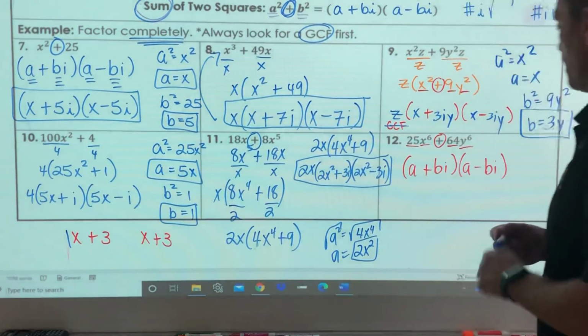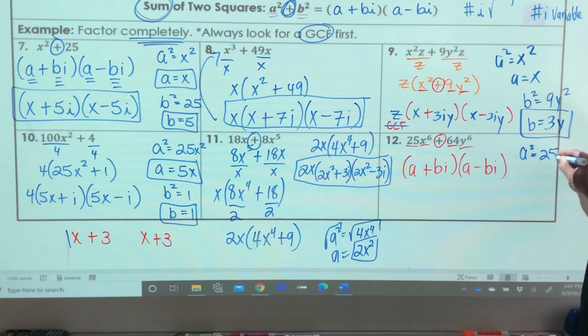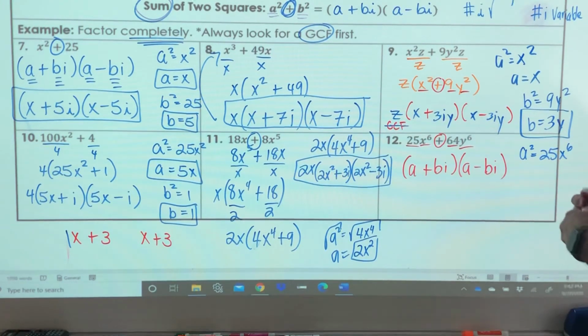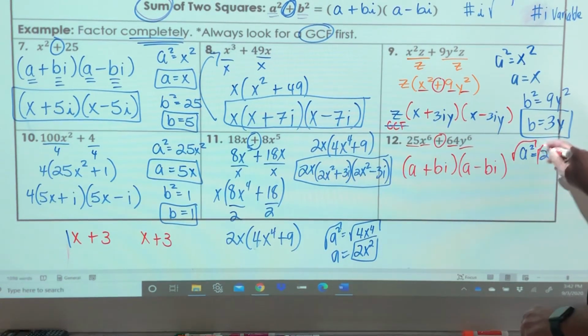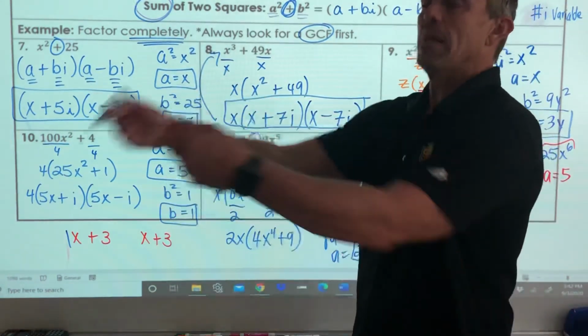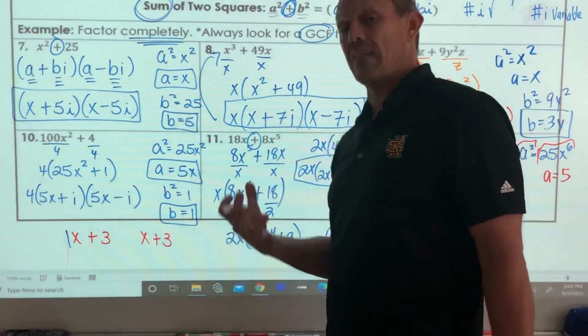So let's define them. A squared equals 25x to the 6. When you take the square root of this, you get a equals 5. Again, the square root of x squared is x. You basically cut the exponent in half. That's why the exponents have to be even.